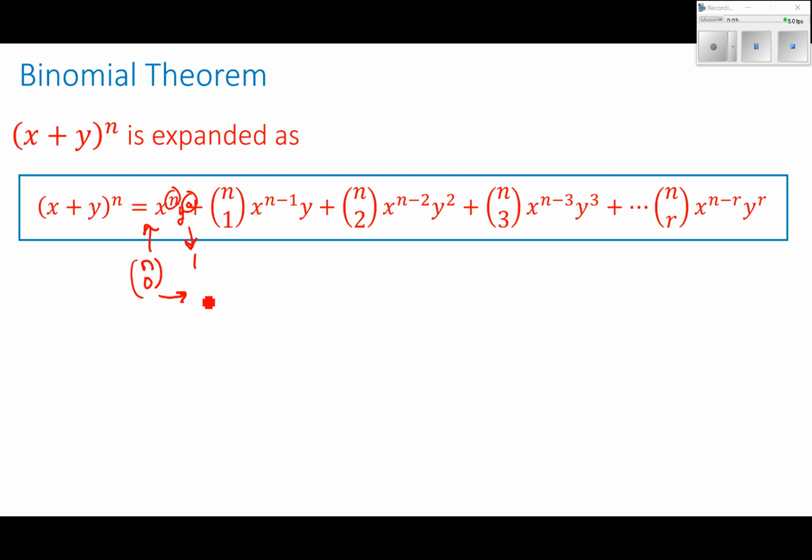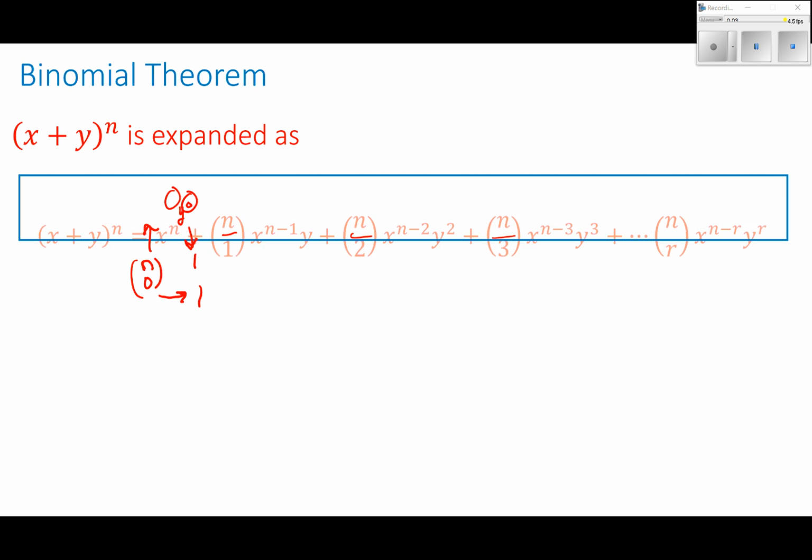N choose 0 is 1. So it's 1 times x to the n times 1. So you can just write it as x to the n. So you can see a pattern: n choose 0, n choose 1, 2, 3, all the way out till you get to r, whatever your final exponent's going to be. So this is officially the binomial theorem, how you expand a binomial x plus y raised to the n power.